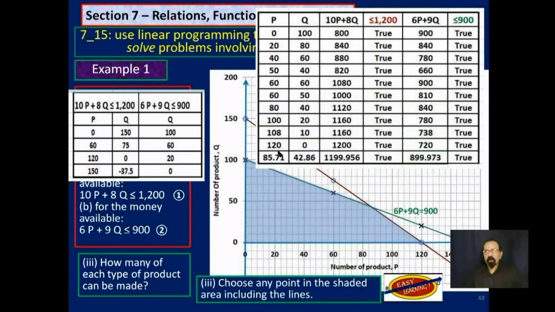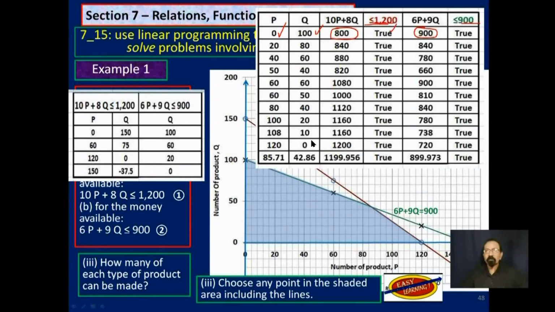So if we take some examples here, this is the table. If we choose 0P and 100Q, then we would have used up 800 of our 1,200 man hours. So that is true. And use up all $900. But will we get the most profit from that? And so on.